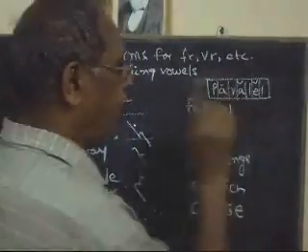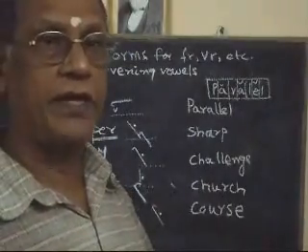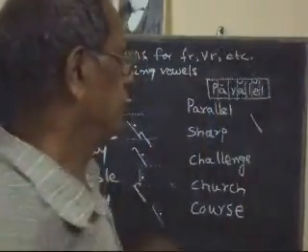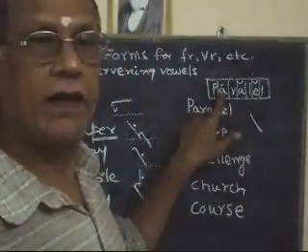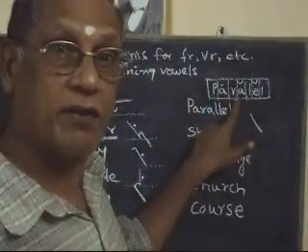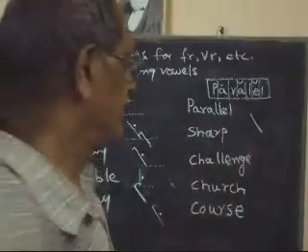Okay, well. Now, you observe, our aim is to write the word quickly. P is a stroke. Now there is a vowel. Immediately, R sound has come. Why can't we use hook?